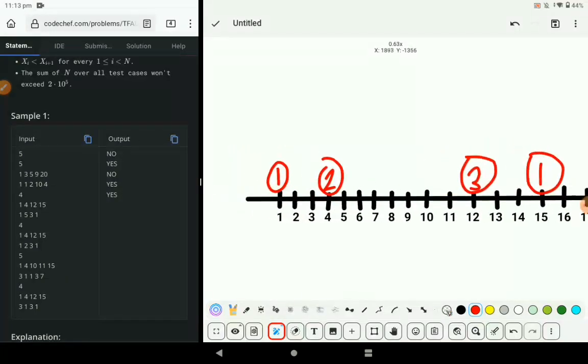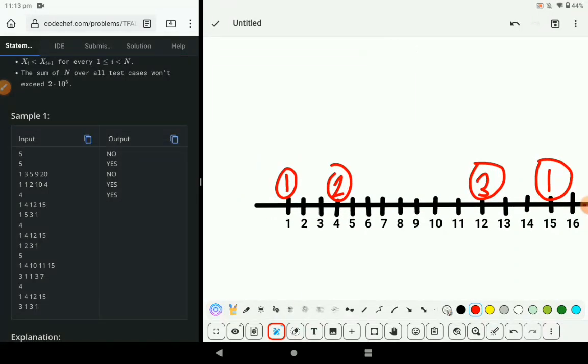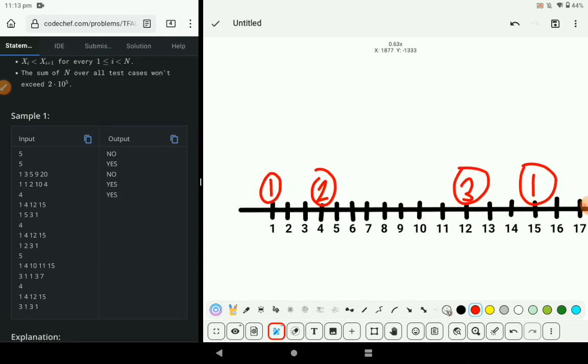Okay, so in this we are able to see that the first ball is not able to move in the right direction, because its power is 1, and the second is how much apart? 3 blocks apart. So basically 1, 2.